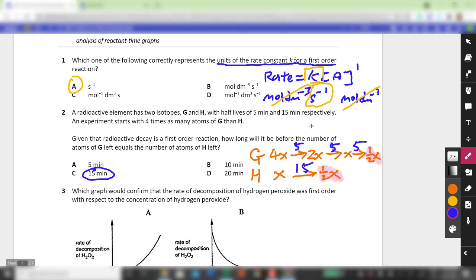The limitation of this question is that I need to give you beautiful numbers, where one is a multiple of the other, so that you can easily solve it. If I give you, say, a half-life of G of 5 and a half-life of H of 8, it is difficult to solve without mathematics. If you're interested in using Excel, I can also show you.